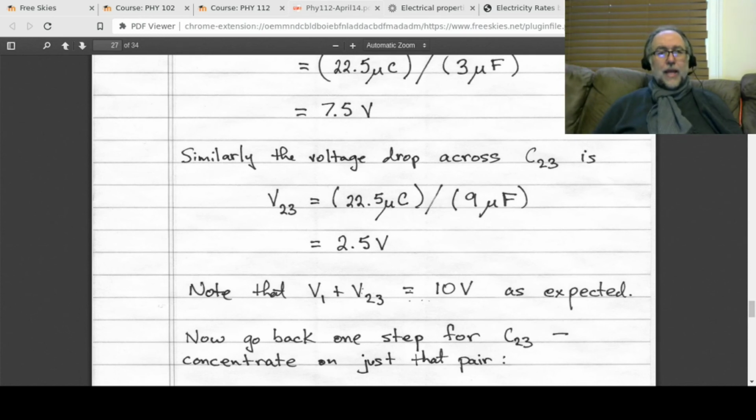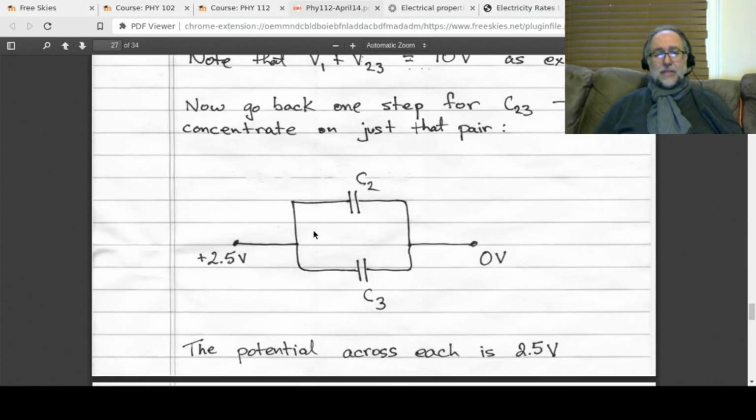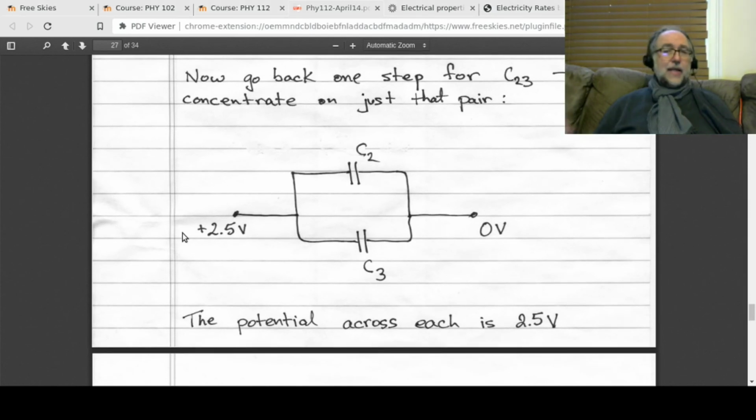Now we go back another step. This is our last step: isolate C23 and break them apart. C23 comes from C2 and C3, which were two parallel capacitors like this. The voltage drop across both of them is just 2.5, because we already had the voltage drop of 7.5 across C1, and C23 had 2.5.